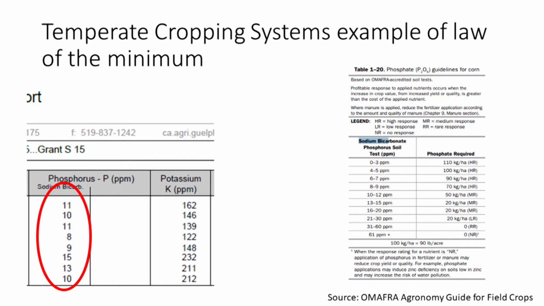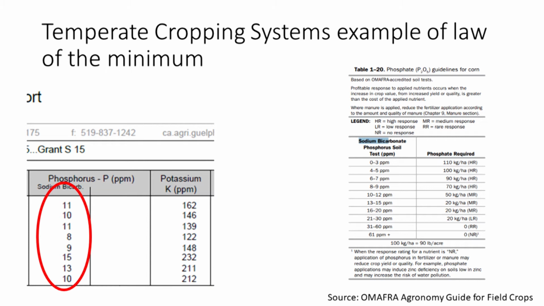So let me zoom into the results from the sodium bicarb test that tests plant available phosphorus. I go to the OMAFRA agronomy guide for field crops. Let's just say I'm growing corn here. And I say, based on my soil test, how much fertilizer should I apply? The guide is basically saying, if your phosphorus is below 31 ppm, then it will be a limiting factor to your corn production.